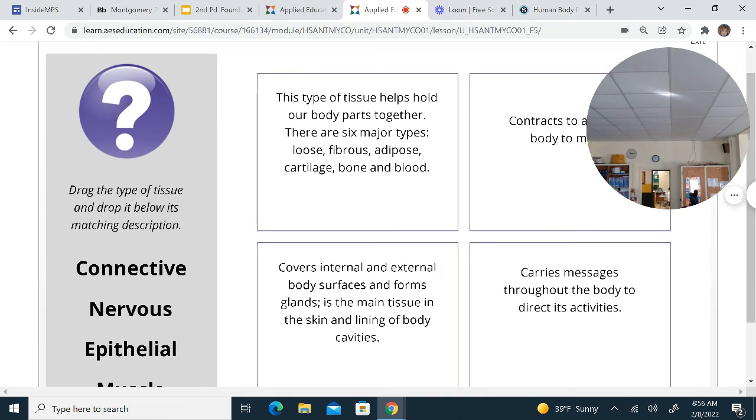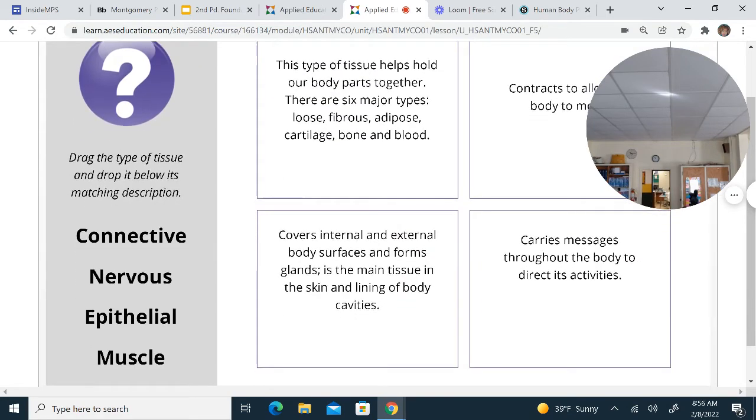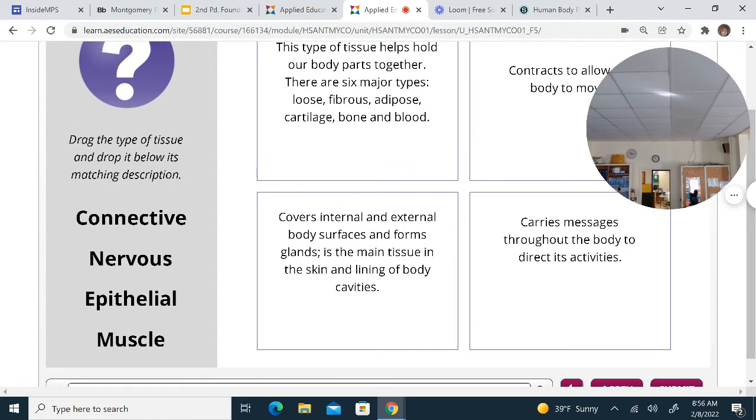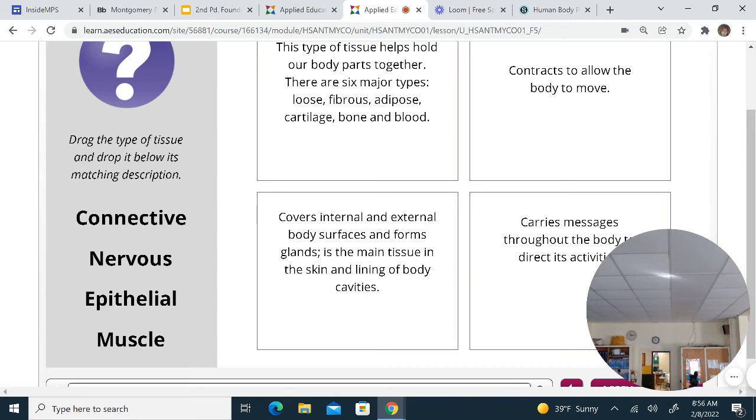You got loose fibers, adipose, cartilage, bone, and blood. What's the last one I just went over?